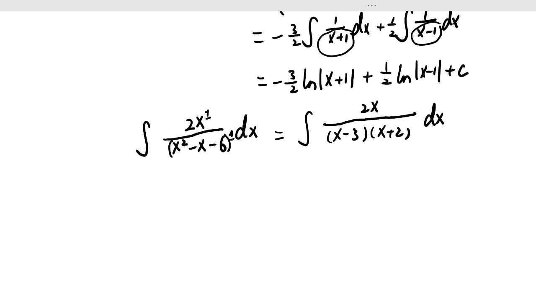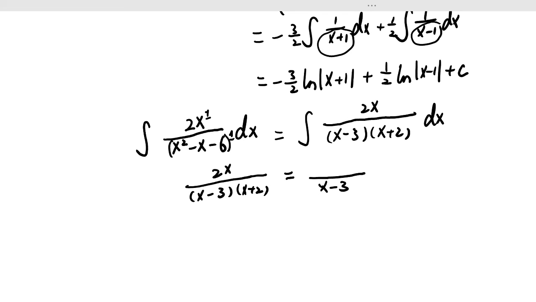So first we're going to set up 2 fractions for this. I'm going to rewrite that: 2x over (x minus 3)(x plus 2), which is going to be the same as A over x minus 3 plus B over x plus 2.